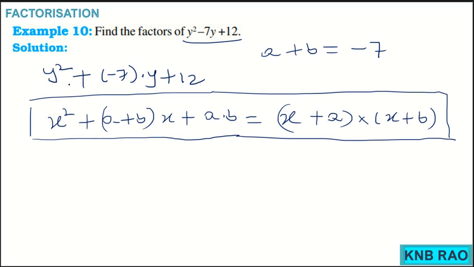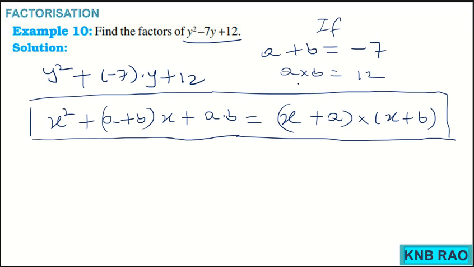Whereas here the sum of two numbers is minus 7 and the product of two numbers is 12. So now I have to search for which two numbers they are, what is the value of a and b. If a plus b is minus 7 and a into b is 12, how do we search for the values of a and b?